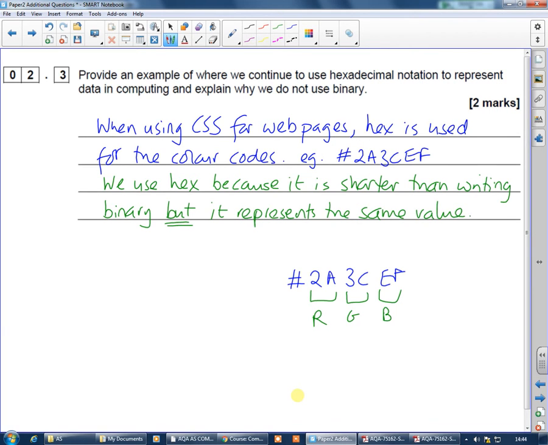So there are two parts to that question. One, to give an example, and the other, to say why we don't use binary.